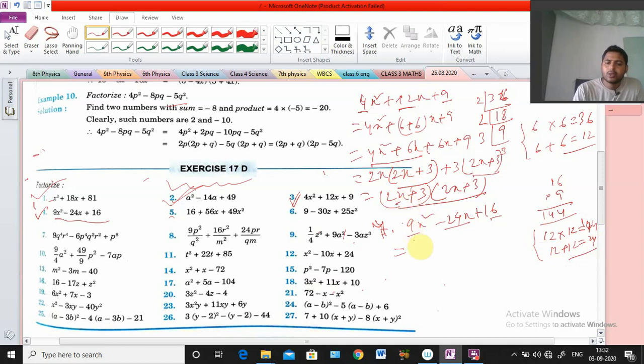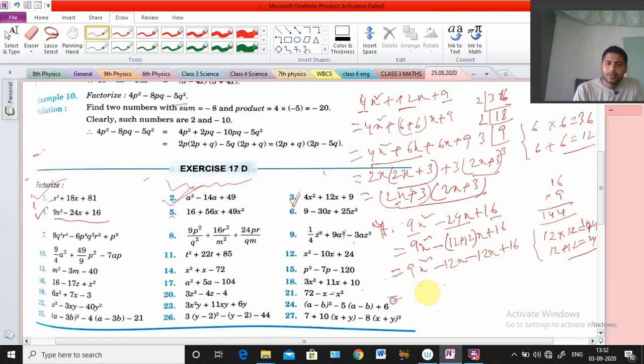Okay, so that means we can write 9x square minus 24x as 9x square minus 12x minus 12x plus 16.